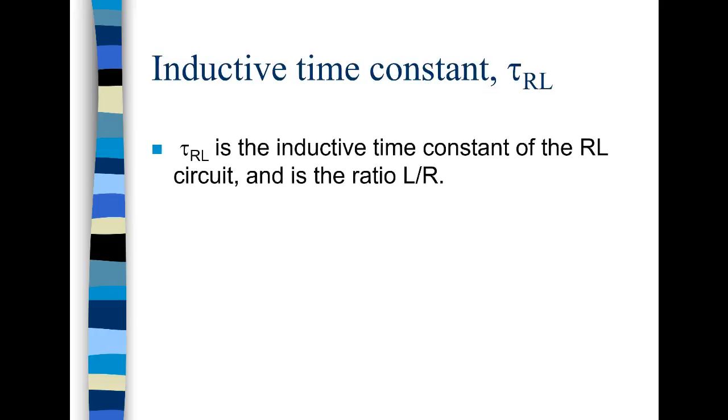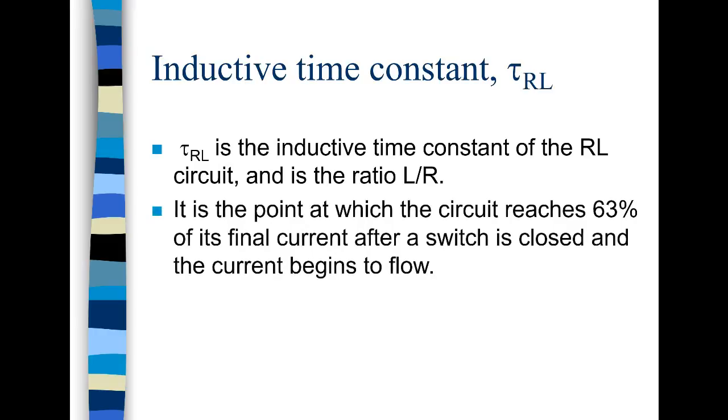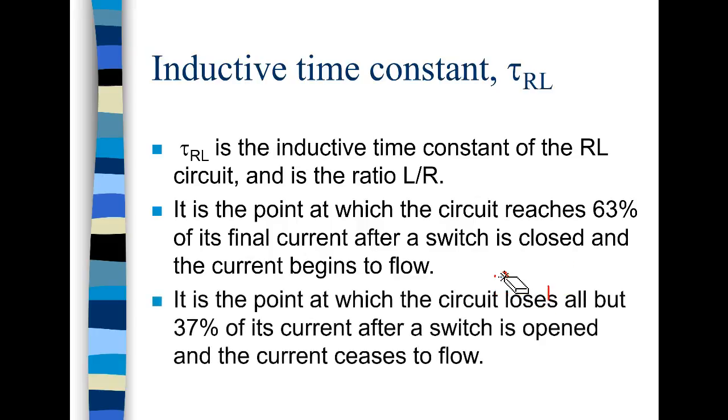So this is L over R, and it's the point when the circuit reaches 63% of its final current when you close the switch. So that was this graph. So after 1 tau, we're at 0.63 of the total. And it's also when we have lost all but 37% of the initial current.